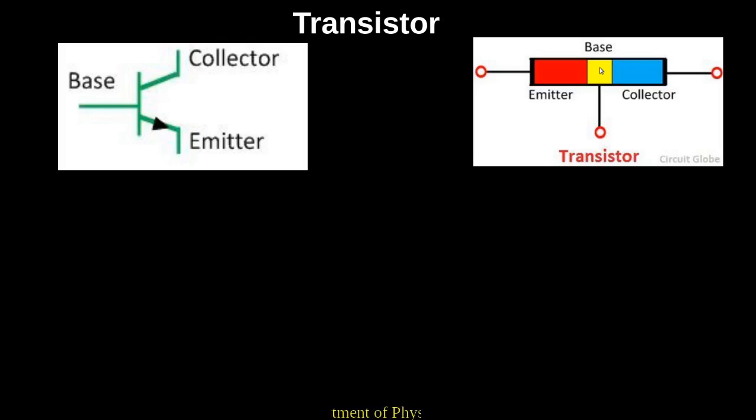Thereby the charge carriers easily move from base to collector region. The collector region is the largest region of the transistor because it can dissipate the heat produced at the base collector junction.